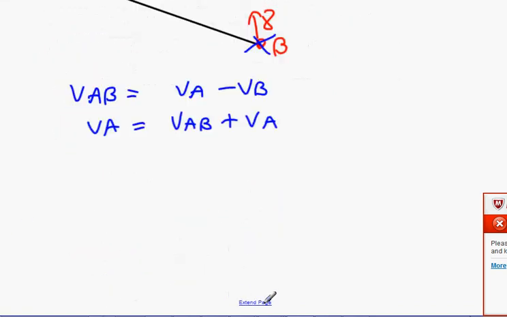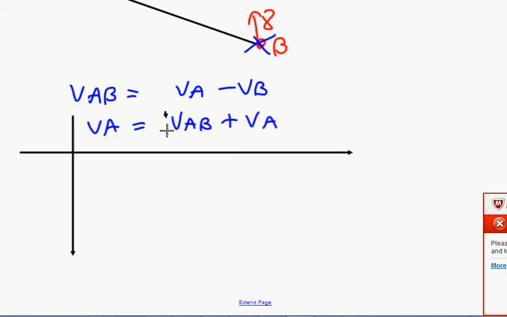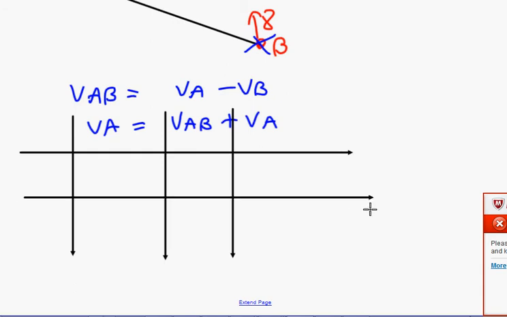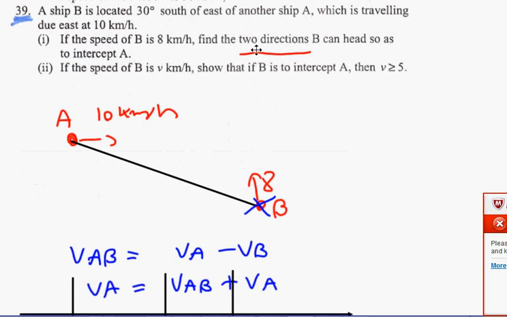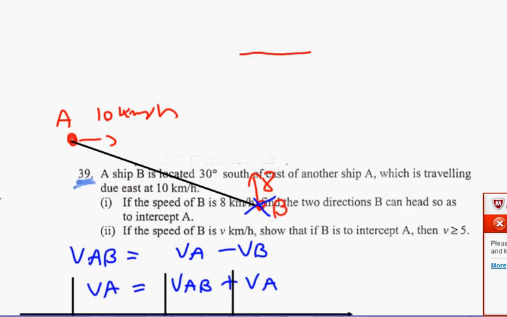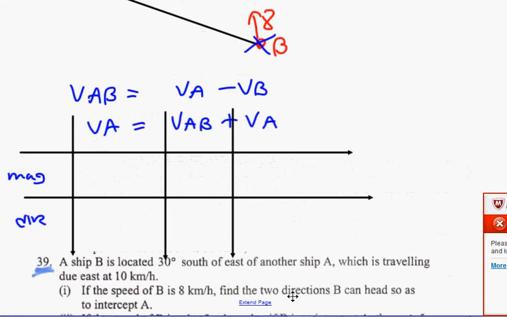Now, like all my recent questions, I'm going to construct a table. The table has 6 components, and I need 4 of them to complete the collection. So we have magnitude, which is speed, and then direction. What do we know about Phi A? And we'll just keep dragging the question down with us for a minute.